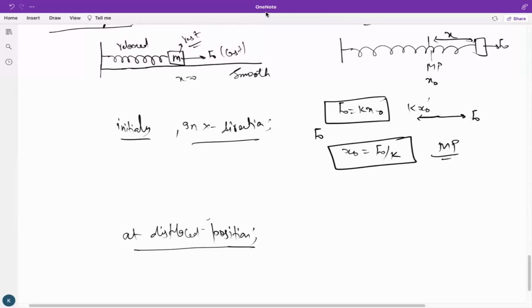In the y direction, net force is always 0, because the force of gravity is anti-parallel to the normal force, so their vector sum is 0.